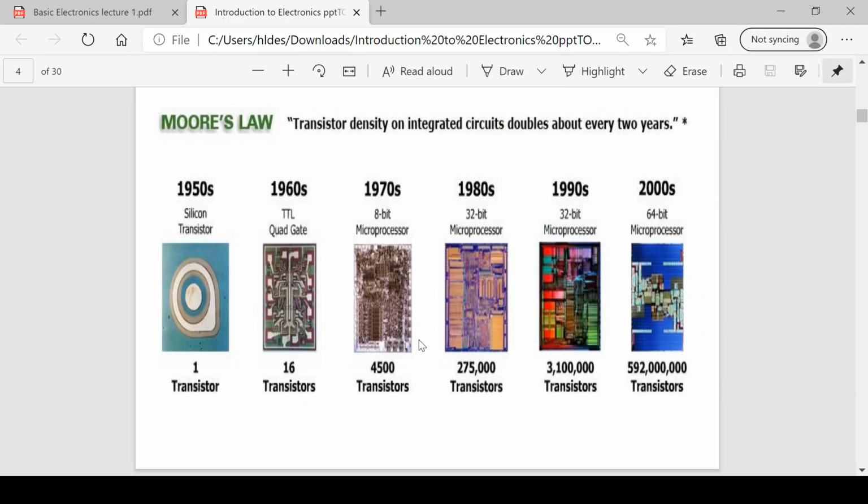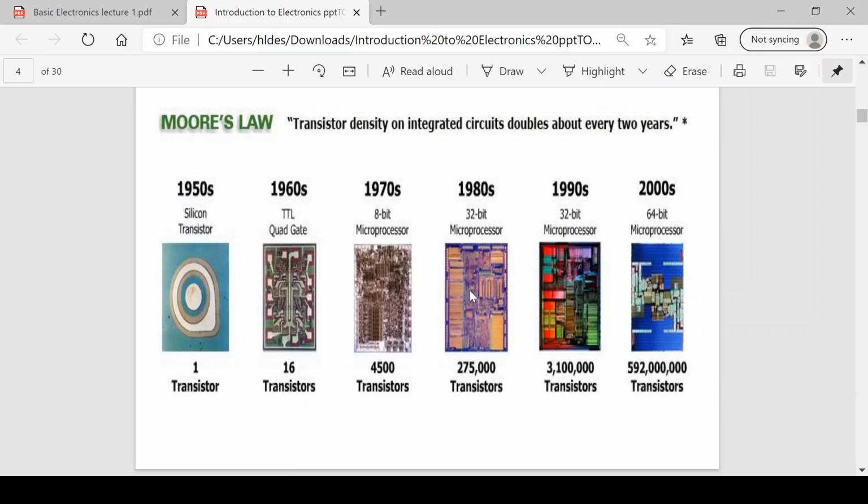Then the progress continued. In the 1970s, microprocessors were invented on a single silicon chip with thousands of transistors. Around the 80s, processors increased their capability and speed. They were 32-bit microprocessors with lakhs of transistors on the same silicon chip.